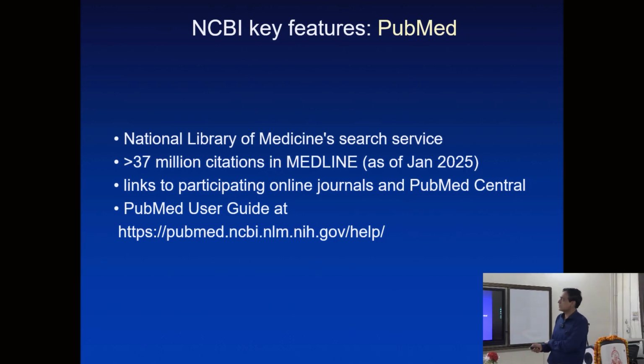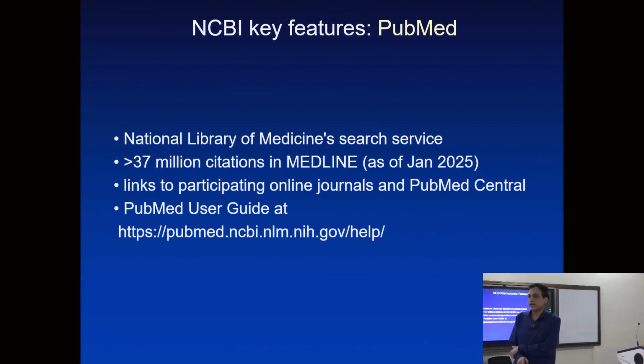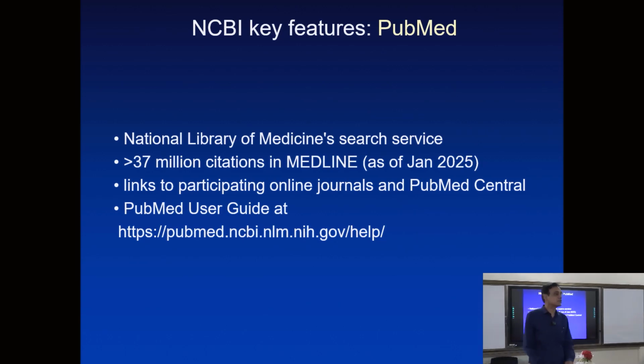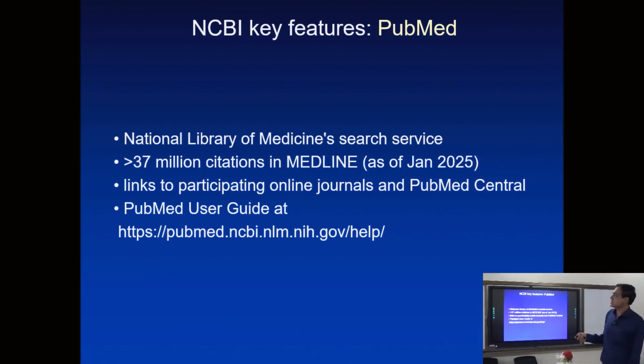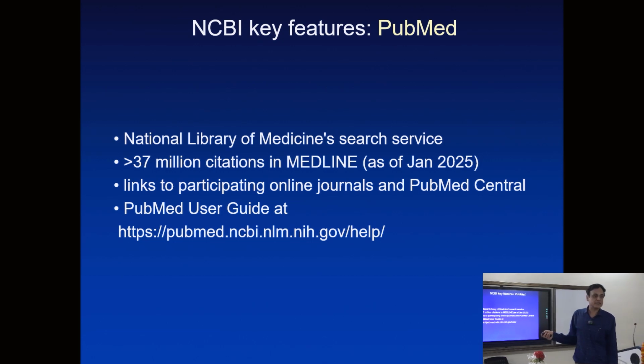One of the key features is PubMed, and PubMed is a repository of scientific literature, papers and books published in the field of biology or medicine or biomedicine. Okay. So there are over 37 million citations in PubMed.